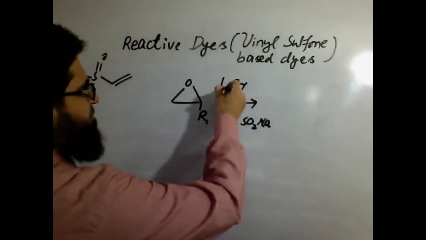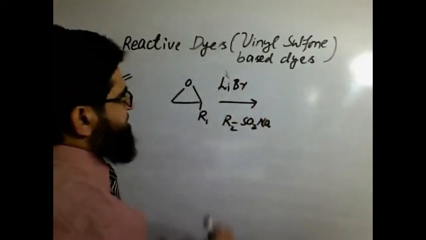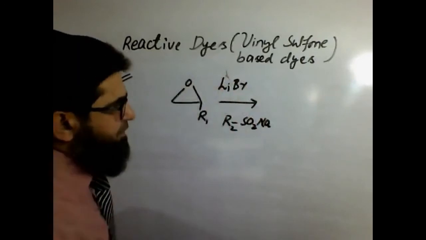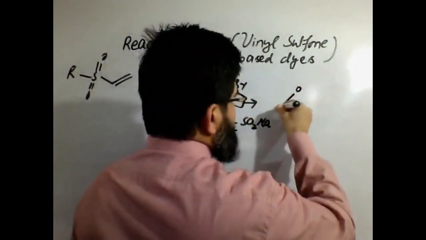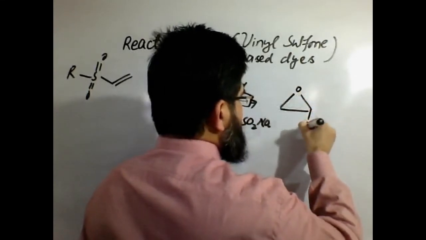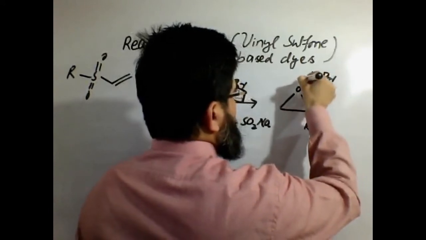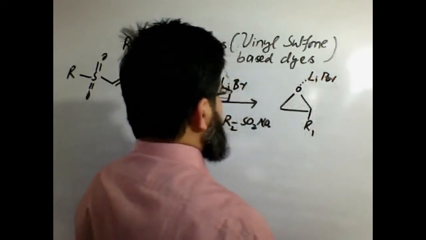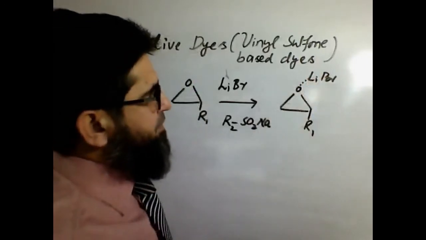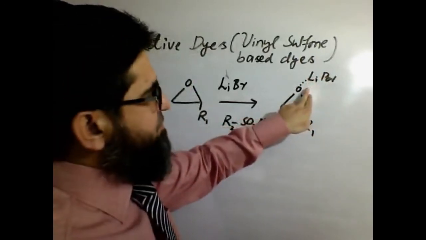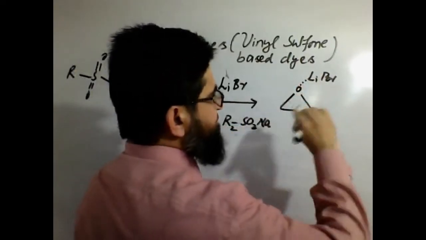This lithium bromide is a metal salt. Metals are always electron deficient. It develops its interaction with the oxygen of the ring. Due to this interaction between lithium and oxygen, the bond between carbon and oxygen becomes weaker.